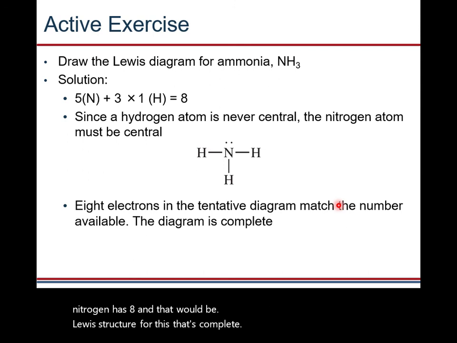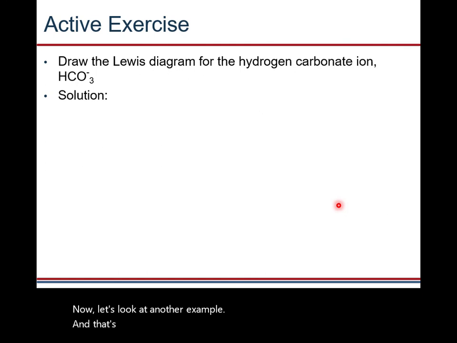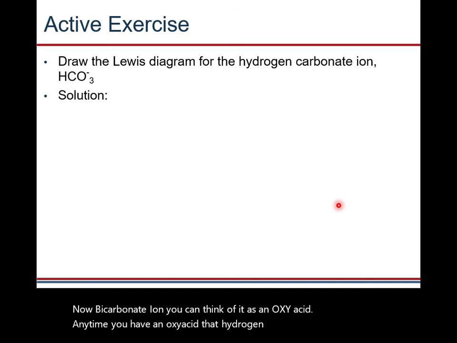Now let's look at another example, and that's drawing the Lewis structure for the bicarbonate ion or hydrogen carbonate ion. Bicarbonate ion, you can think of it as an oxyacid. Anytime you have an oxyacid, that hydrogen is always attached to oxygen.